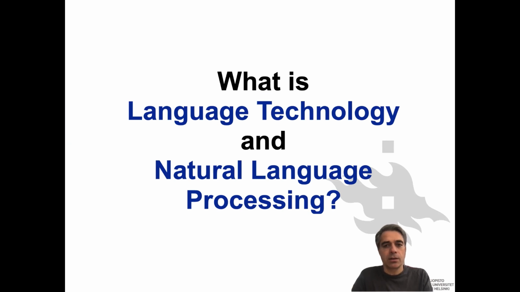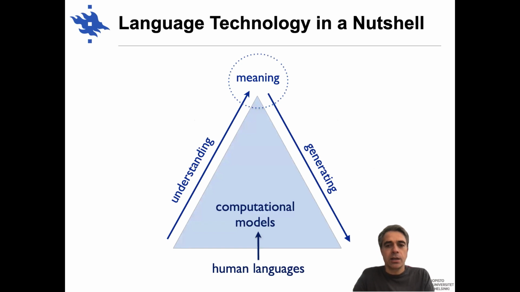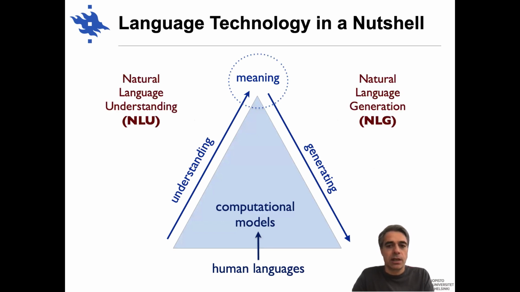So what is language technology and natural language processing? In a nutshell, language technology is concerned with the creation of computational models that can understand and generate human languages, giving rise to two subfields of natural language understanding and natural language generation.